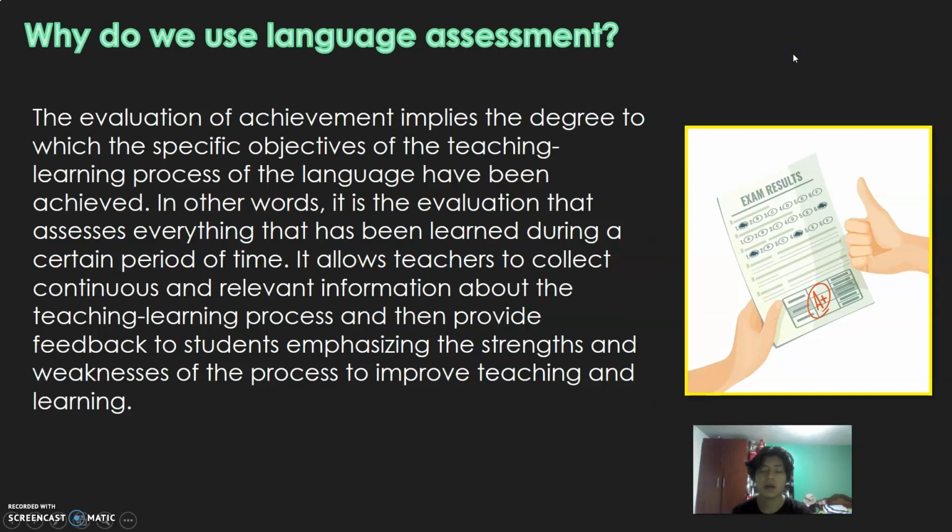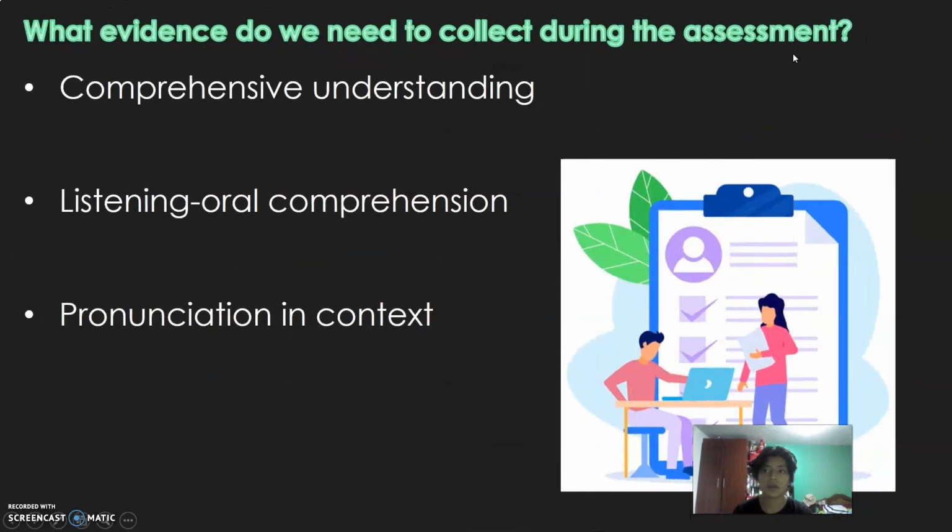And the third and last question is, what evidence do we need to collect during the assessment? In this part I'm going to talk about three parts. I want to start with comprehensive understanding.